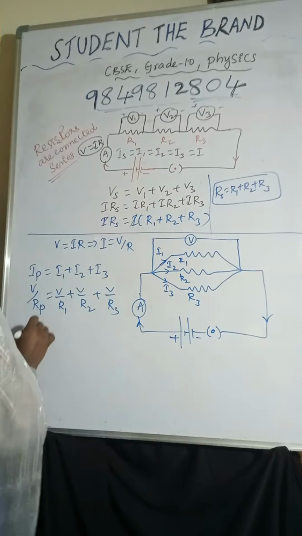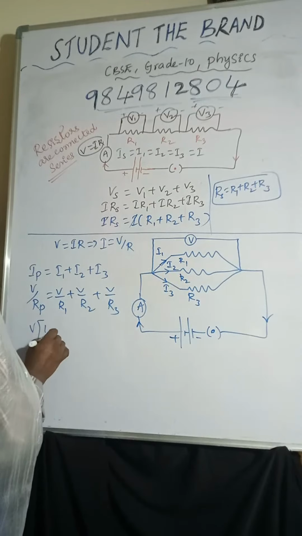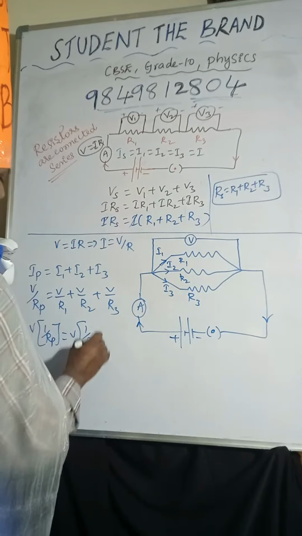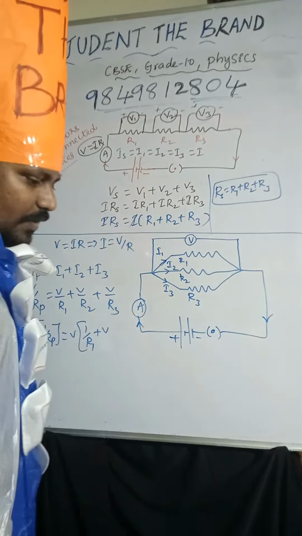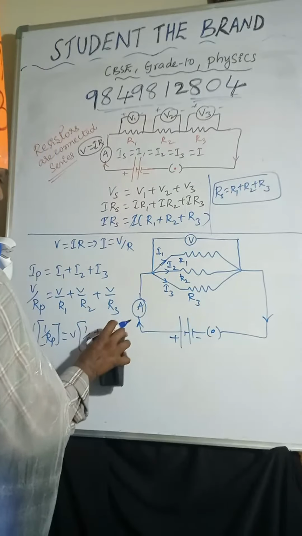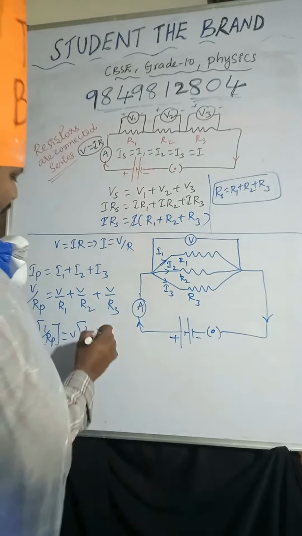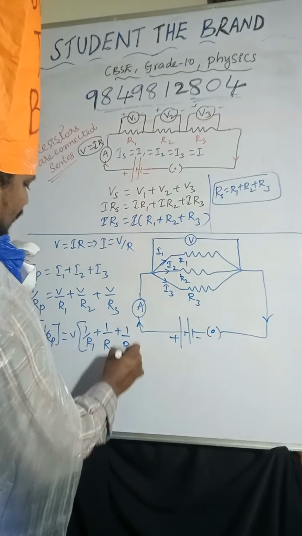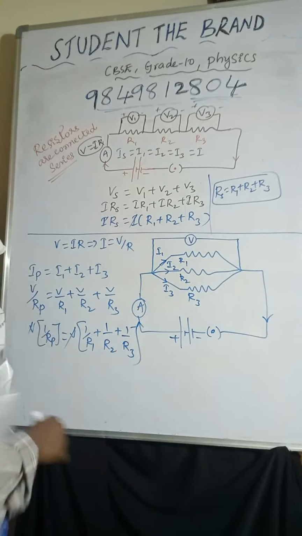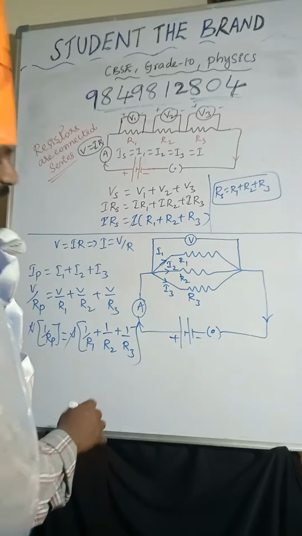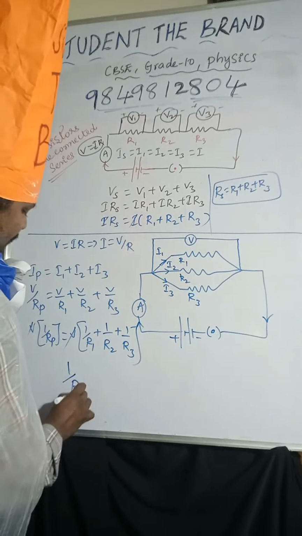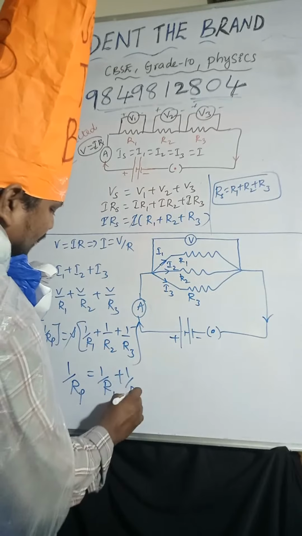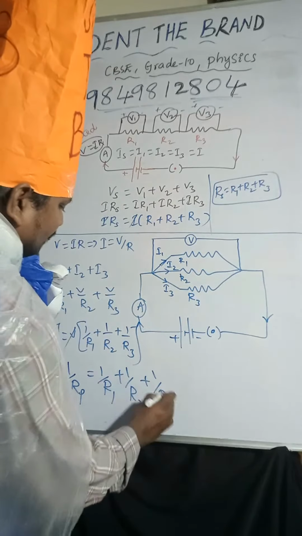Shall I take V common? 1 by RP equal to V times 1 by R1 plus 1 by R2 plus 1 by R3. So V gets cancelled, and 1 by RP equal to 1 by R1 plus 1 by R2 plus 1 by R3.